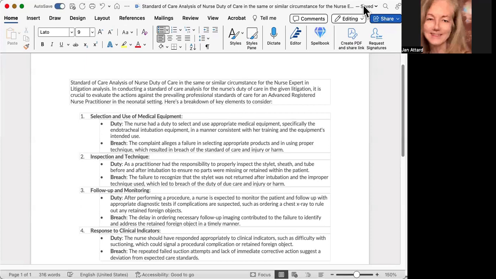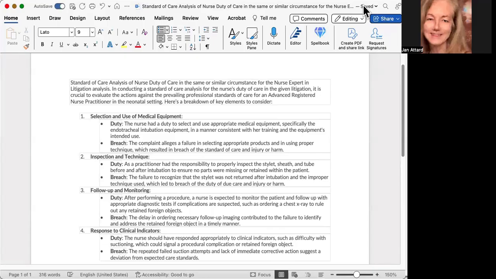So, a breach would be that the complaint alleges a failure in selecting the appropriate equipment and the user failed to use proper technique, resulting in a breach and or injury. So both of those have to have occurred, and it has to be a causal relationship between the use of the equipment and the breach for there to be damages.